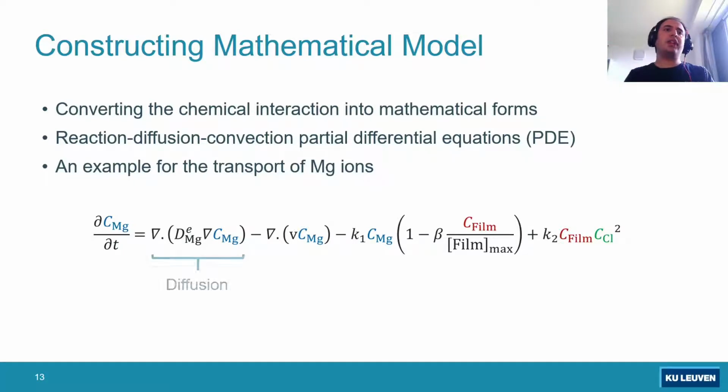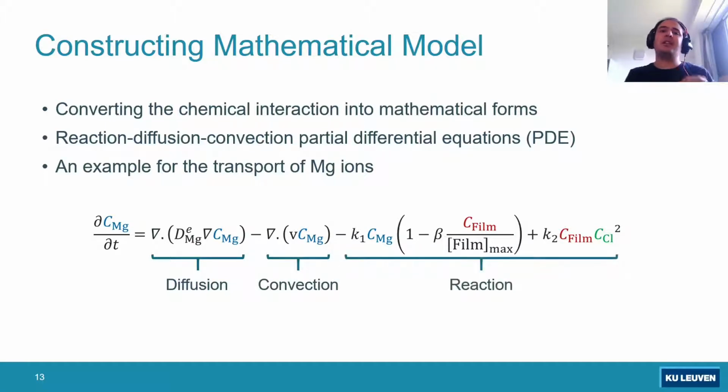So this is how magnesium diffuses, how it gets convected, and how it reacts with the surrounding environment and also with different components. So this is the form of the mathematical model in this work. But as I said, there are more PDEs.